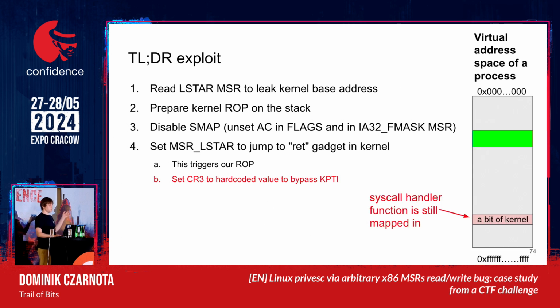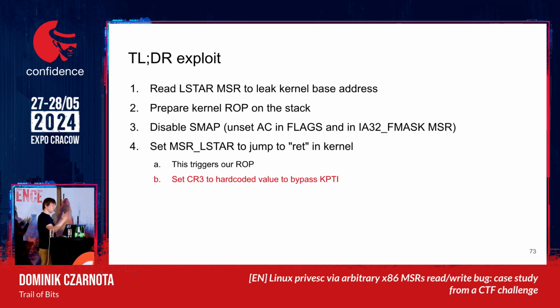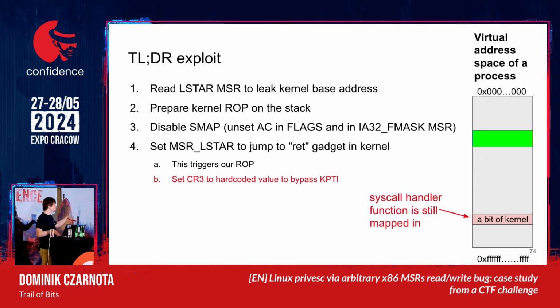By the way, we need to set the CR4. So it would not be so easy, but the thing is that we also don't have so many gadgets. We don't have so much kernel code mapped in, because what we have mapped in from the kernel is just a bit of memory where the syscall handler is.